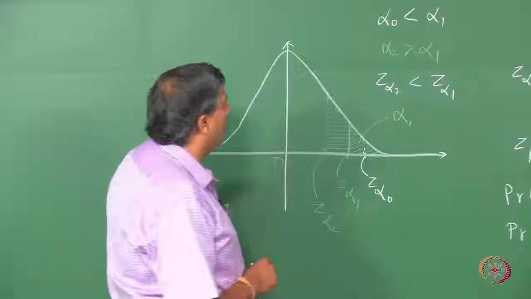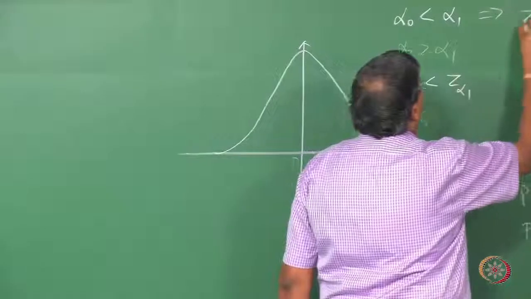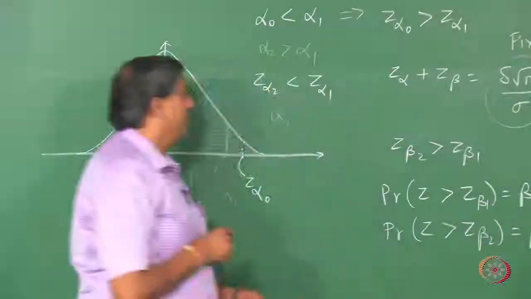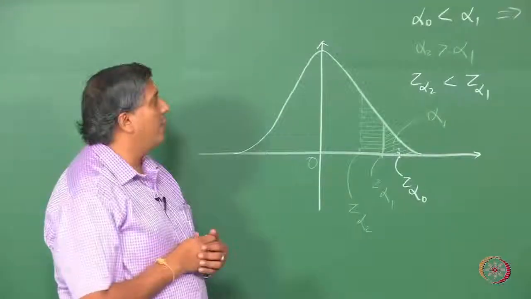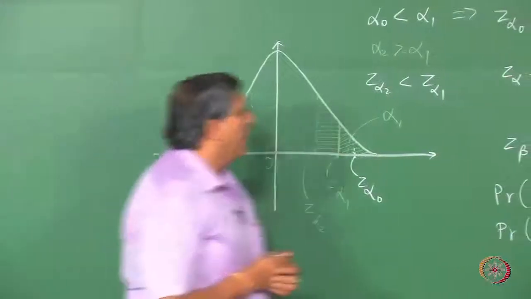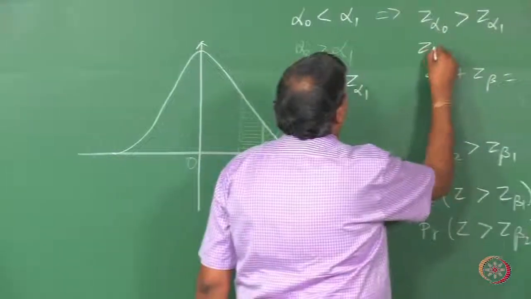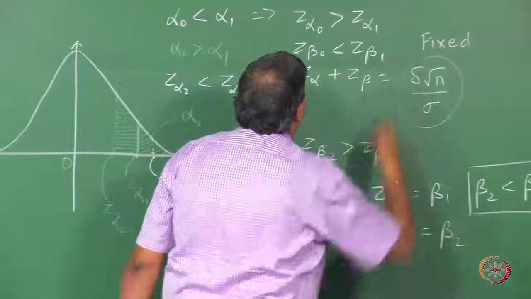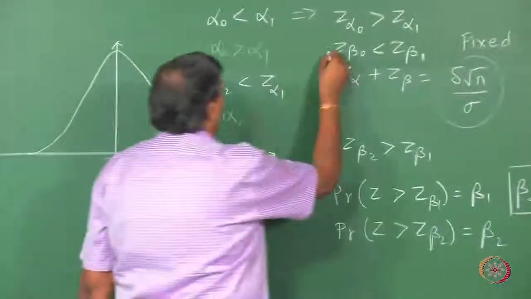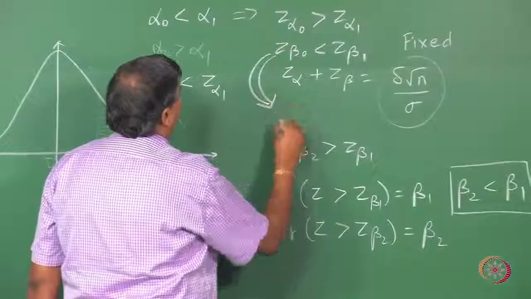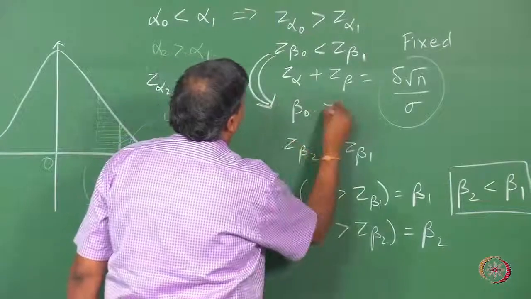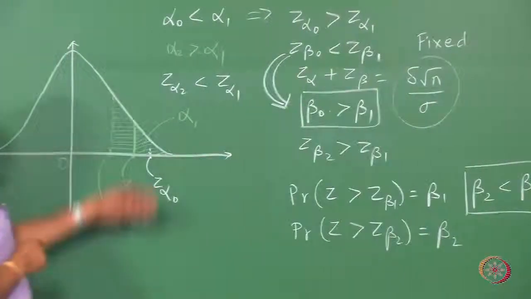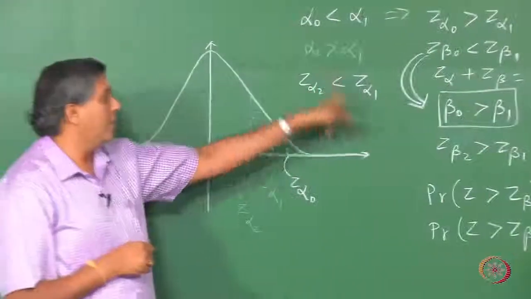Moving away from the origin would mean that Z alpha naught is greater than Z alpha 1, right. So, since Z alpha naught is greater than Z alpha 1, Z beta naught has to be less than Z beta 1, which would imply that beta naught is greater than beta 1. So, when you try to reduce the type 1 error, the type 2 error increases.